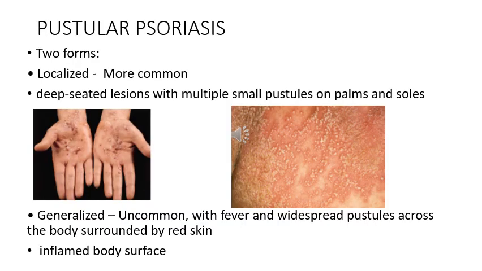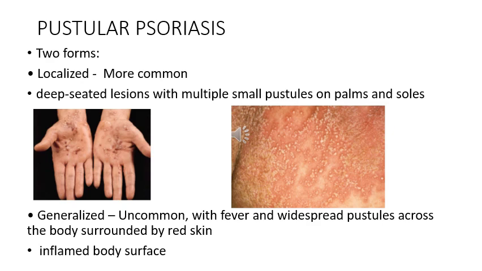Next is pustular psoriasis. Pustular means the presence of pus, eruptions with pus in them. Two forms are there, localized and generalized. Localized is the most common type of pustular psoriasis, with deep-seated lesions with multiple small pustules on the palms and soles.